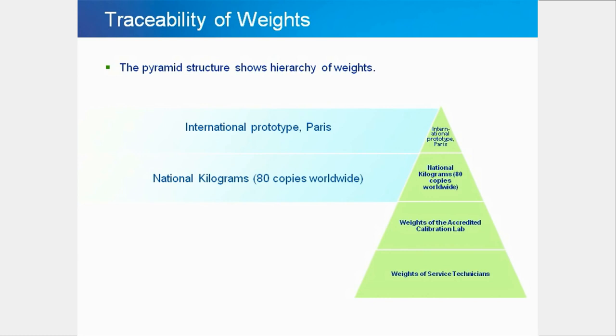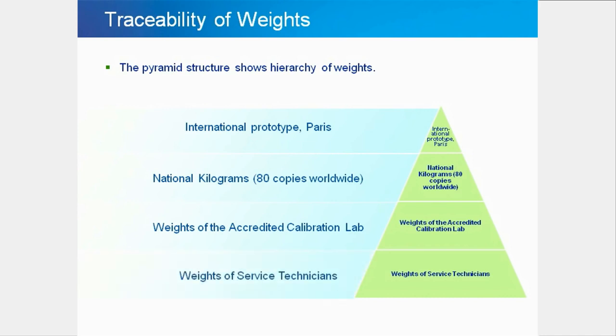Not every country in the world has its own standards. Third level are copies for accredited and certified calibration labs. Mettler Toledo has such a lab in Greifensee. In the fourth level are the weights used by service engineers and other bodies which do calibrations.